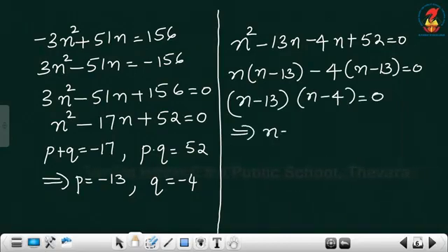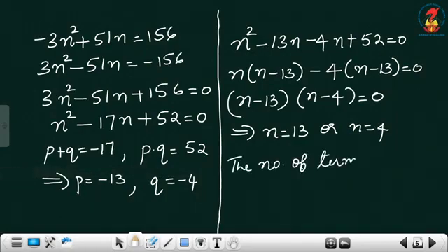This implies that n is equal to 13 or n is equal to 4. So the number of terms can be either 4 or 13.